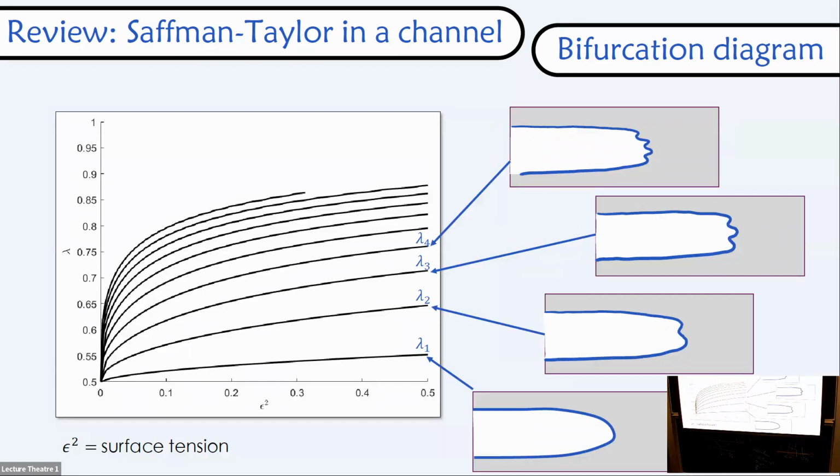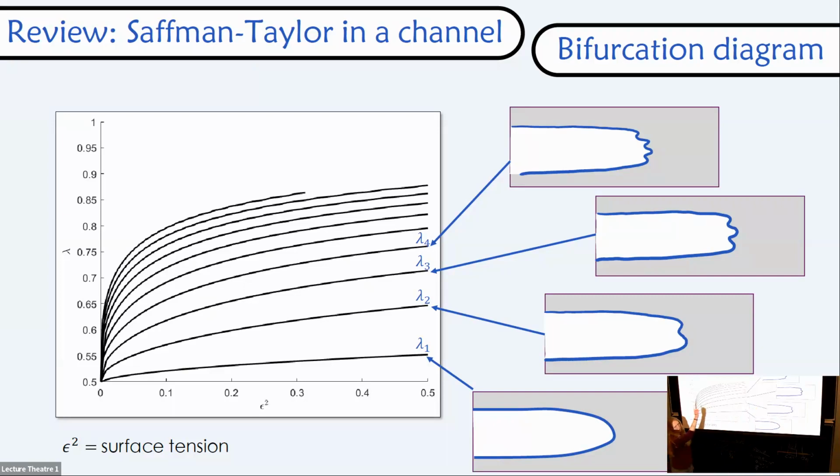And finally, to motivate what's going to come in the next part, here I've sketched an artistic impression of some of the profiles that we could expect to see on each of these branches. On the lowest branch, we have this finger that we perhaps expect to see. This is what we see in the experimental picture I showed earlier. Then as we move up the branches, each time we move up a branch, we add an extra small oscillation at the tip of our finger.